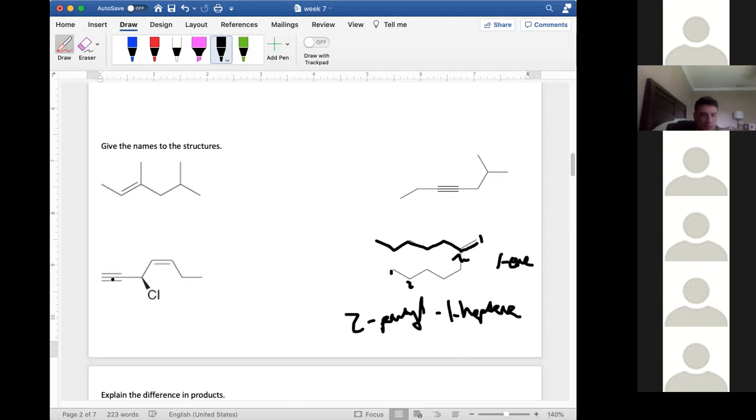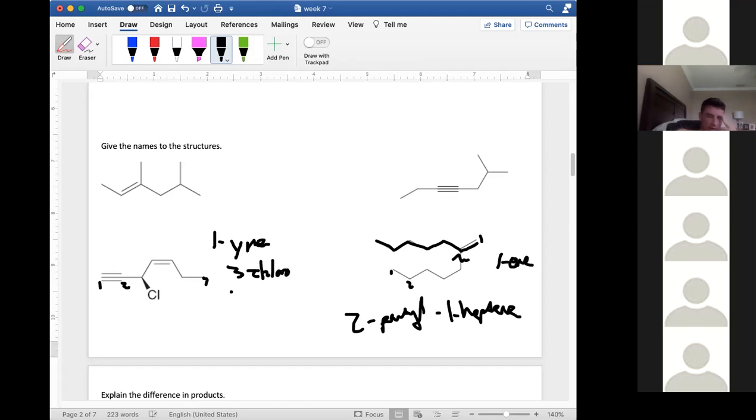Right. This one, again, you want your double bond and triple bonds on the least number possible. So let's start numbering. This is 1, 2, and so on. We end up with 7. So I like to break it down. We have a triple bond, which is yne on our first carbon. We have chlorine on our third.